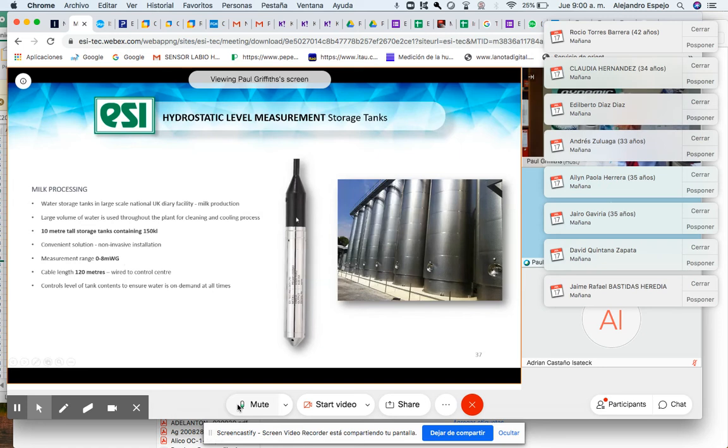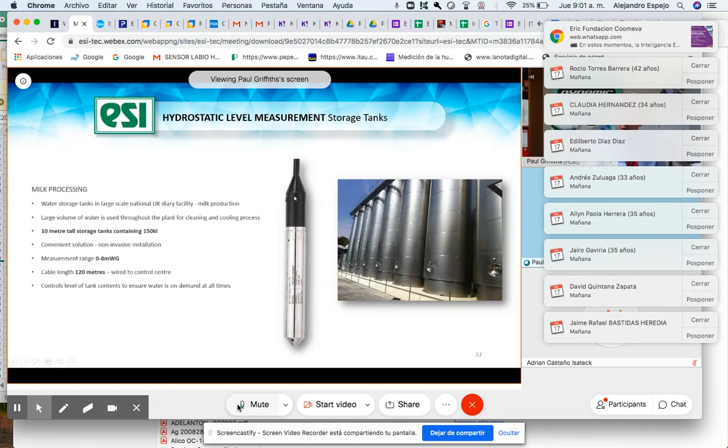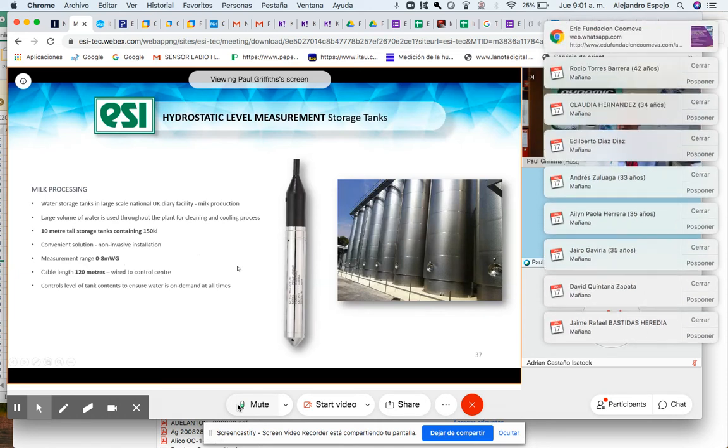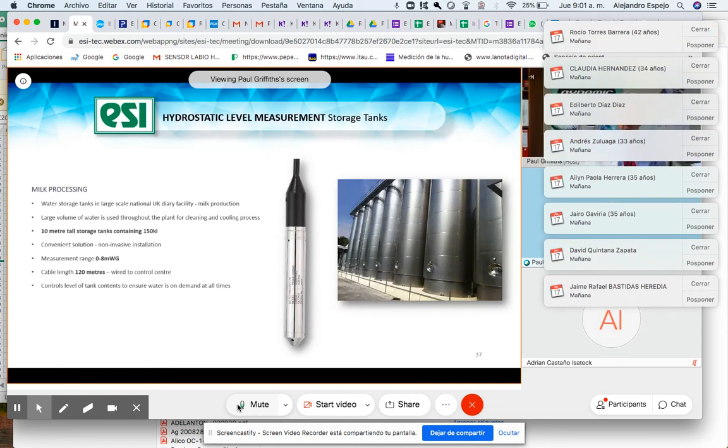So we're hoping that in 2021 we'll have an alternative cable. But 3A is also something that we are striving towards as well. That's a separate issue, but we are looking to have approval for hygienic use as well.